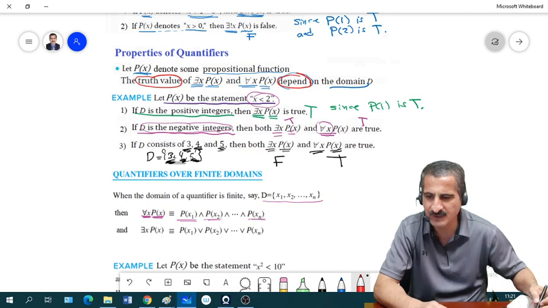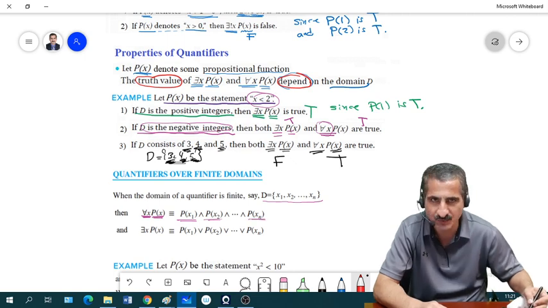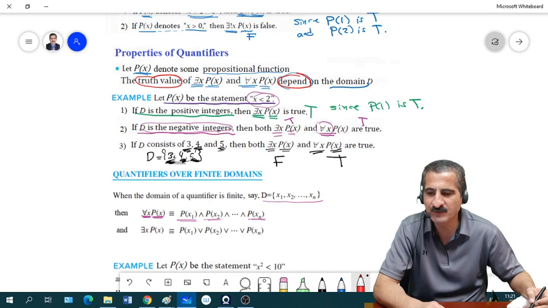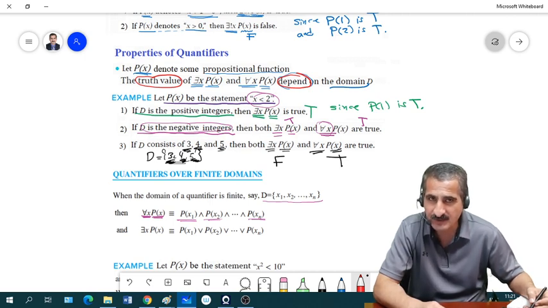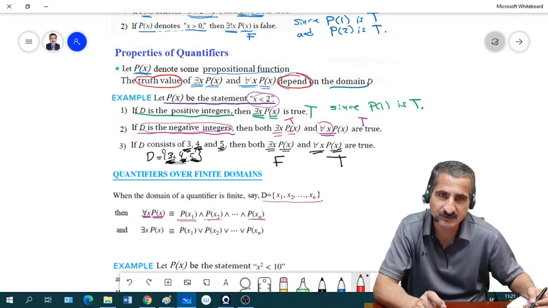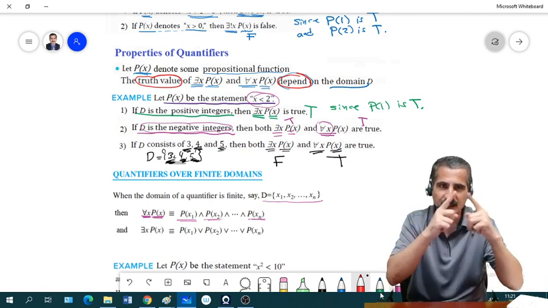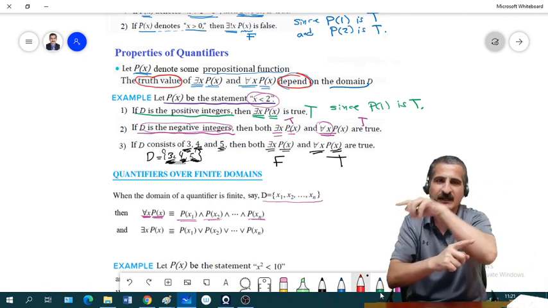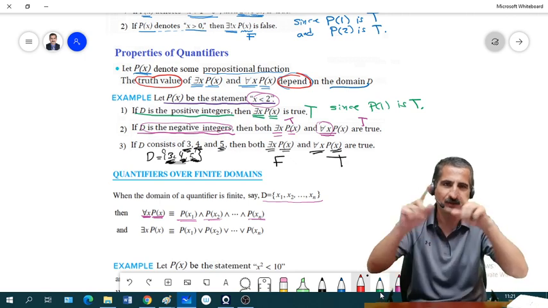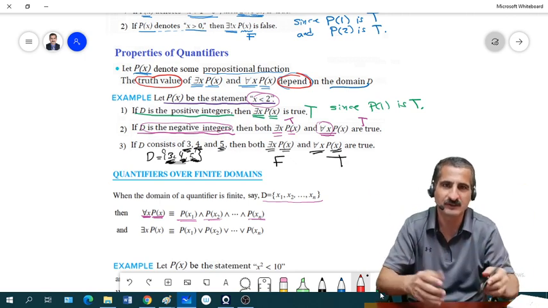So if for every x, P of x is true, that means P of xi is true for each i. And if for every x, P of x is false, that means one of them is false. And we have a conjunction. And if there is an F at any side of the conjunction, then the whole truth value is false.